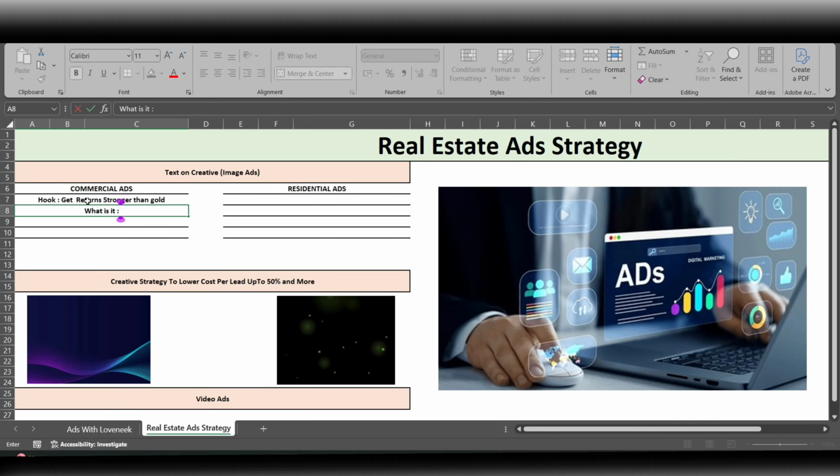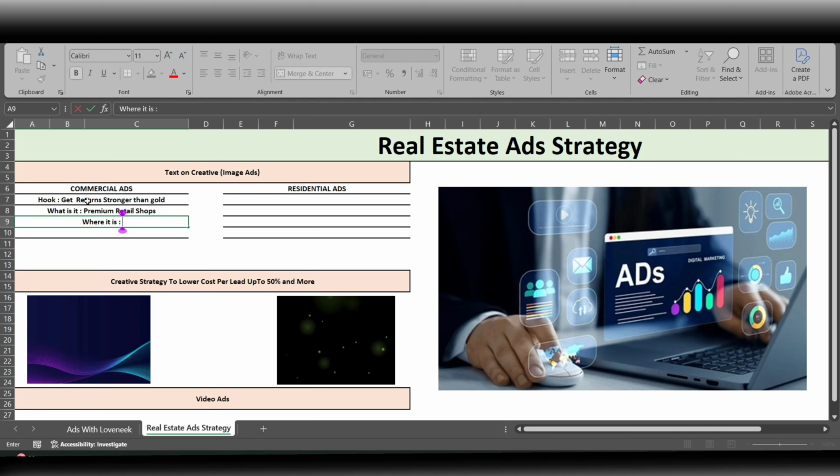In commercial property, there are multiple products that we promote, be it an office space, a shop, or anything like that. So first you have to mention a great hook on your image ad. Then after that you have to mention what the product is. Let's say we mention premium retail shops, and after that we mention where it is.